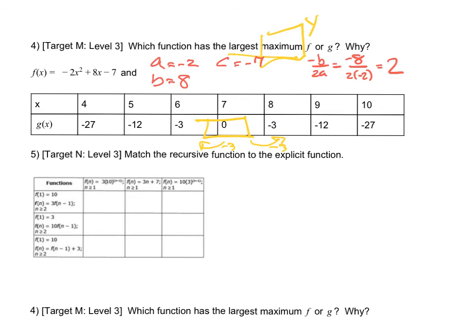And now to find the maximum value, you have to plug 2 back in to the equation. So f of 2 gives you minus 2 squared plus 8 times 2 minus 7. So that is minus 2 times 4 plus 16 minus 7, which is 1. So 1 is bigger than 0, so f actually has the largest maximum.